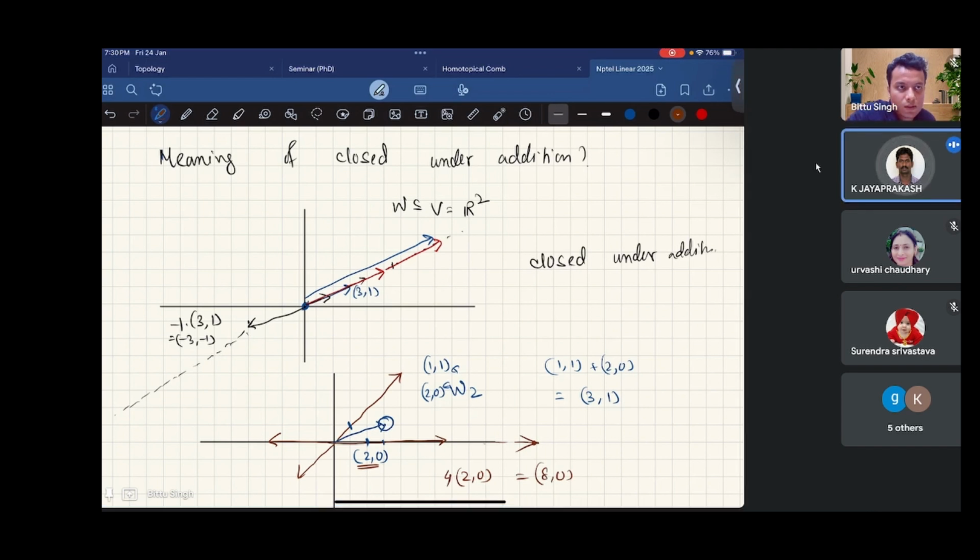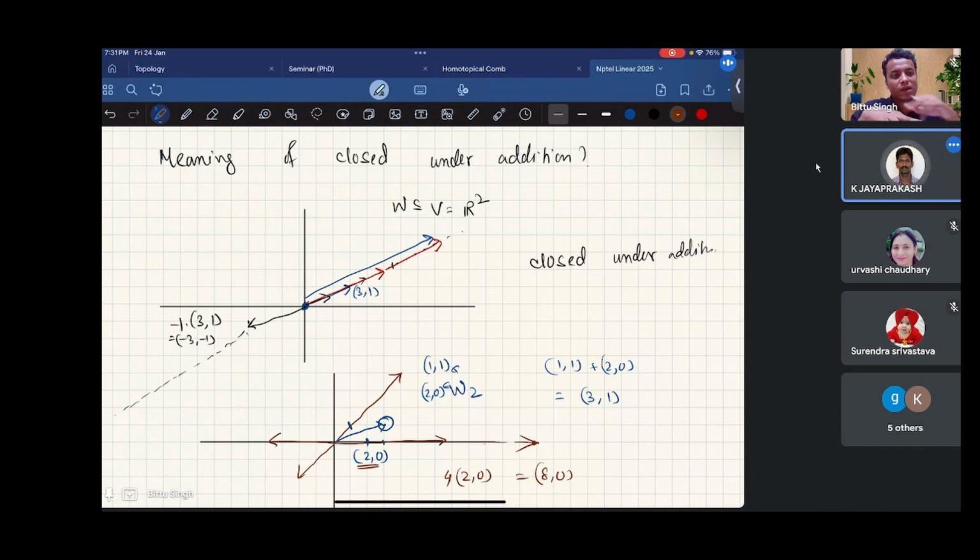So though it is closed under scalar multiplication, it is not closed under addition. To visualize this, always remember that a subspace in 3D will look like some kind of plane or a line.